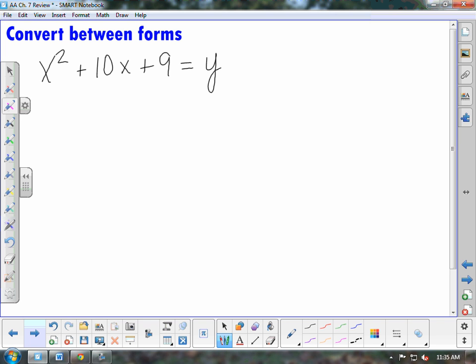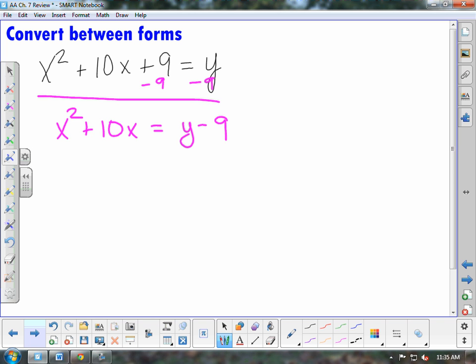And this one, if we were going to take this and convert it to vertex form, the first thing we would do is subtract 9. X squared plus 10x equals y minus 9. And then complete the square by taking half of 10, which is 5. 5 squared is 25, which is what you have to add to both sides of the equation.